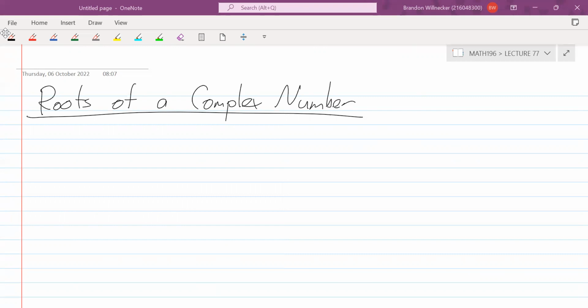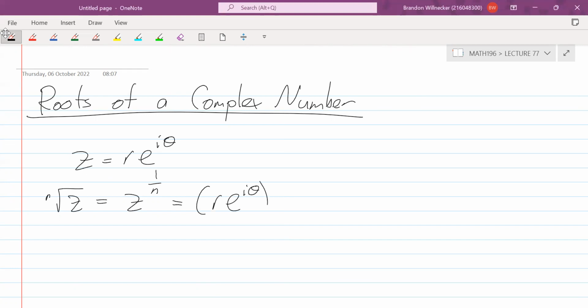So we start off with z is equal to r e to the i theta, the polar form. Then we take the nth root on both sides. So the nth root of z is the same as z to the 1 over n, if you want to write it like that. This is equal to (r e to the i theta) to the 1 over n.